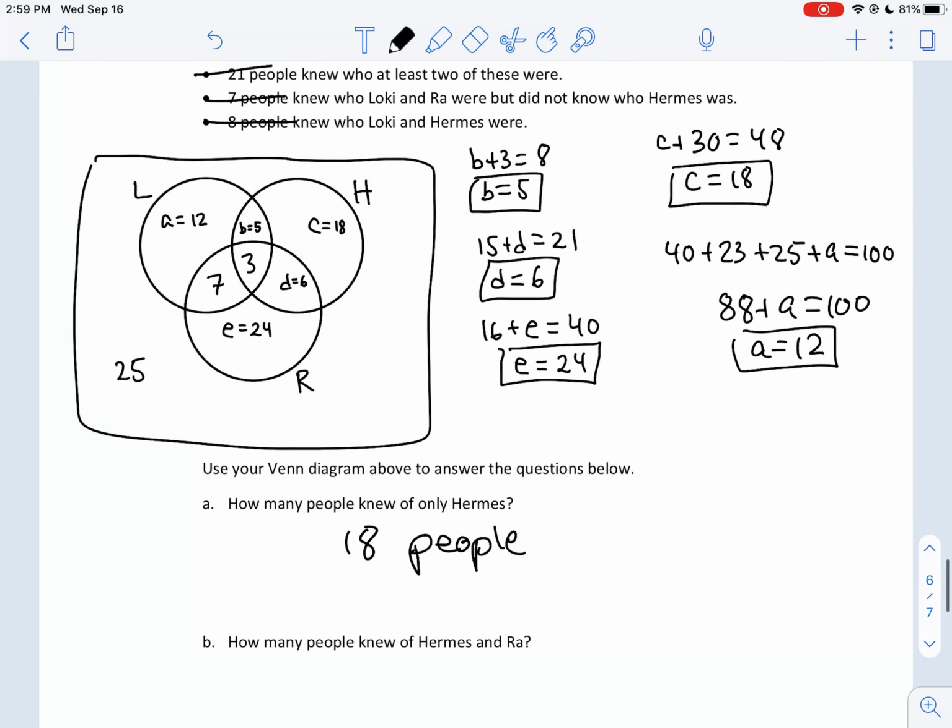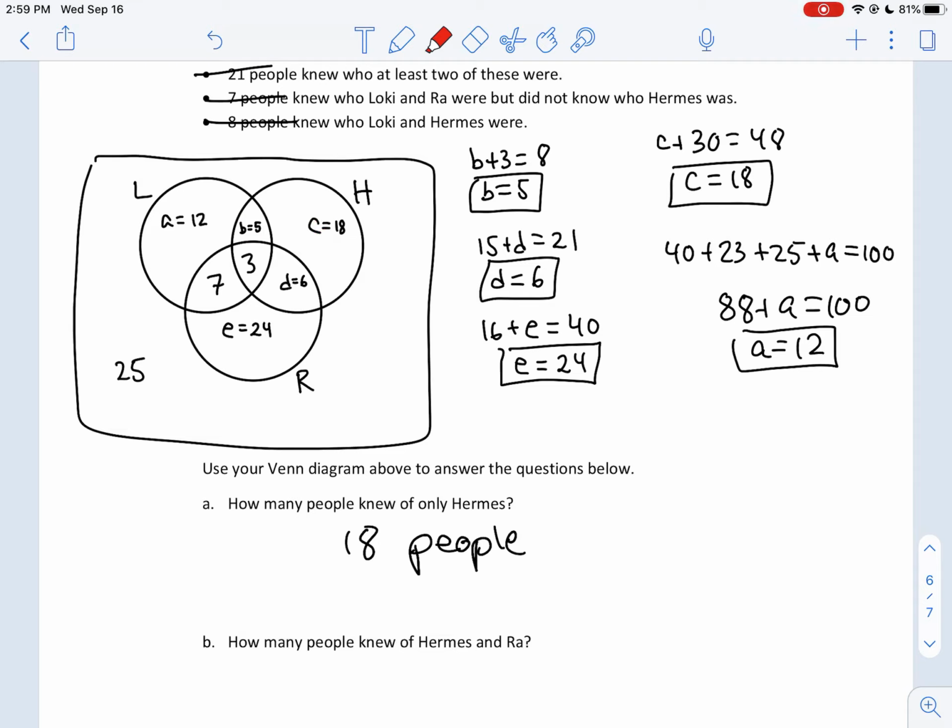How many people knew of Hermes and Ra? Okay, so this doesn't say only Hermes and Ra, it just says how many knew of Hermes and Ra. So that's going to be anything that's in the Hermes and Ra combined. So all 6 of those numbers are the people who knew of Hermes. Oh, no, sorry, I read that wrong. I read that as Hermes or Ra.